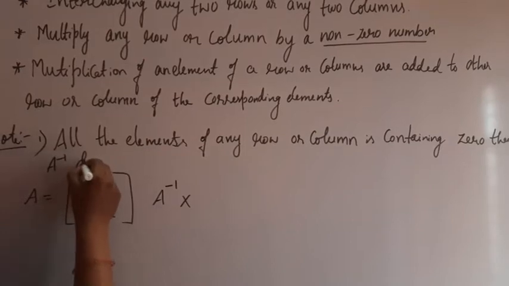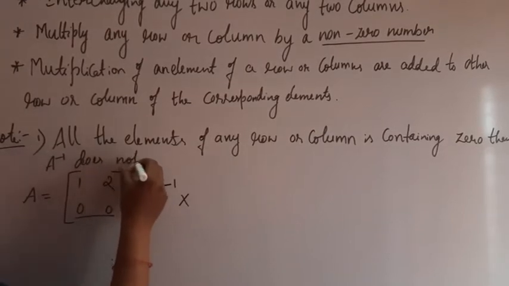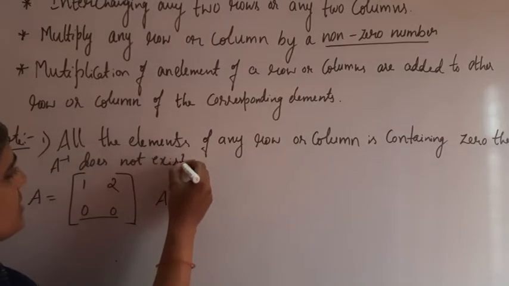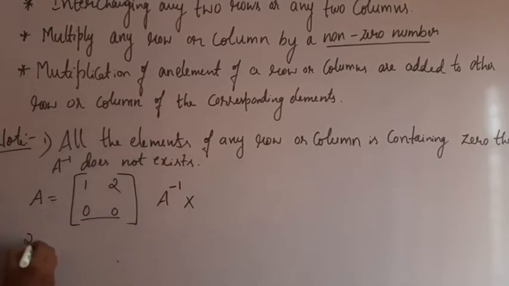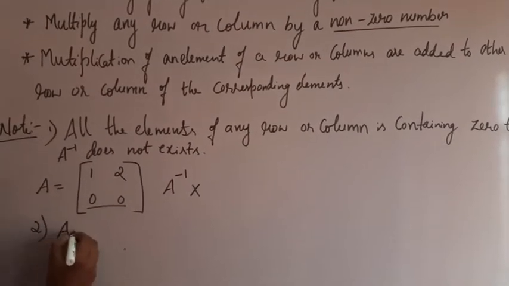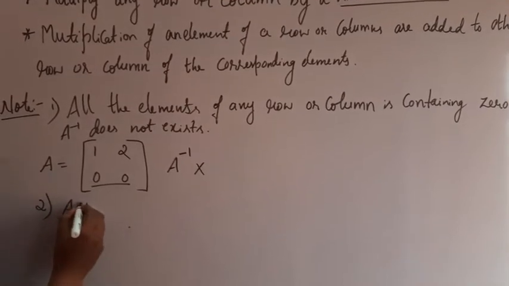Okay. And also the second one is, if we multiply any matrix with the identity matrix.